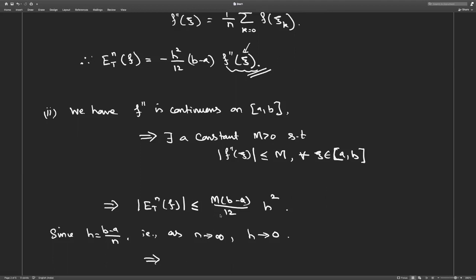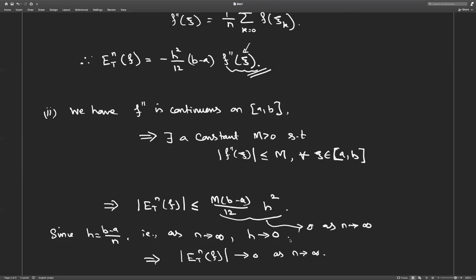Therefore, the right hand side goes to 0 as n tends to infinity, and that implies that E_T^n of f tends to 0 as n tends to infinity, right? That is what we want to show as the second part of this problem. And this proves the convergence of the composite trapezoidal rule. As long as f is a twice continuously differentiable function on the interval on which we want to evaluate the integral of f of x dx, you can see that the composite trapezoidal rule always converges to the exact value of this integral.